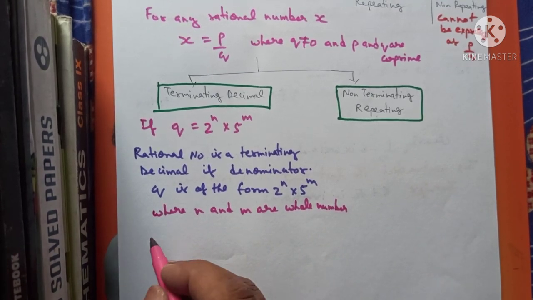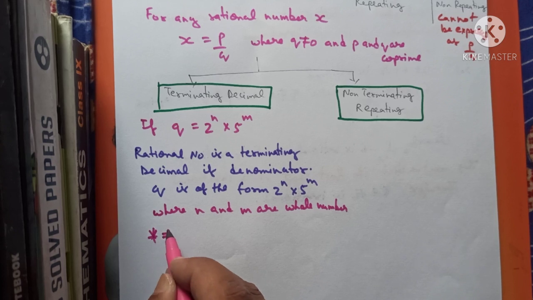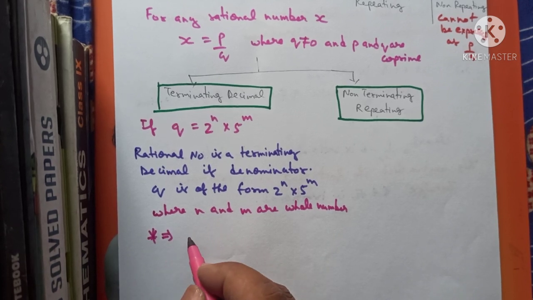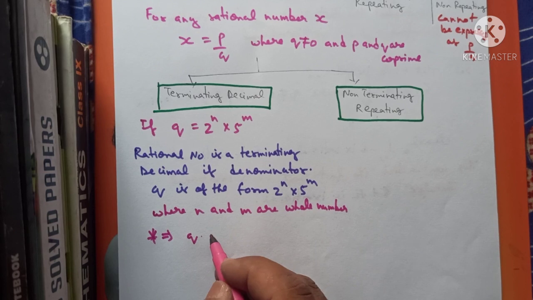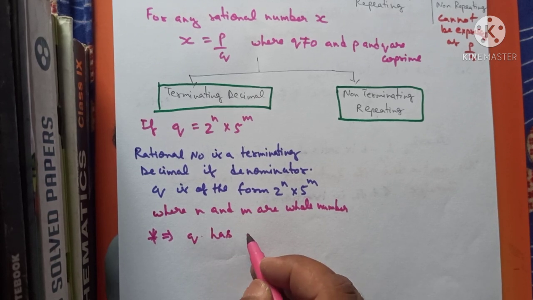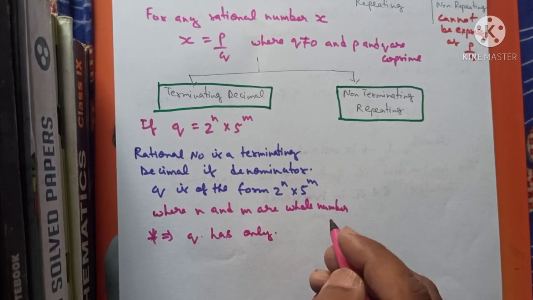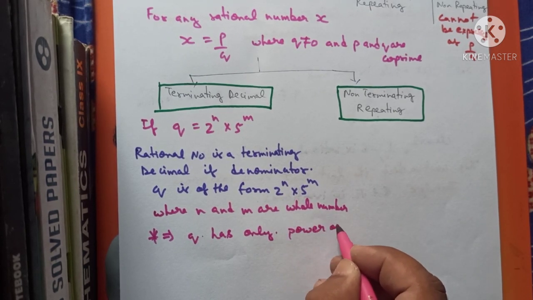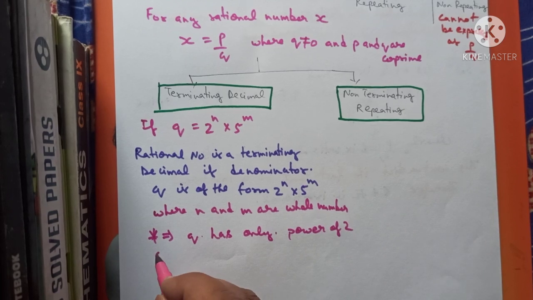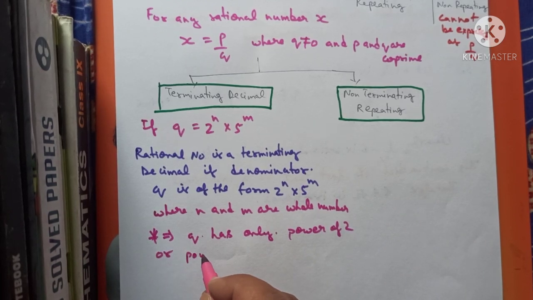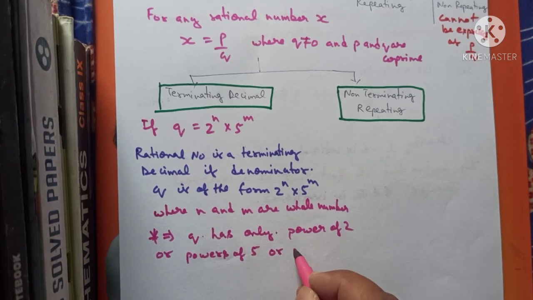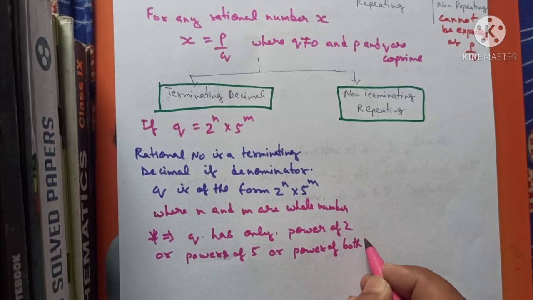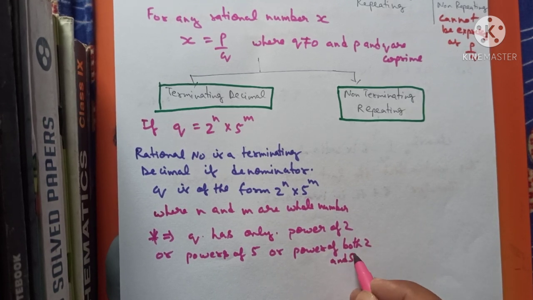What does it mean? It means, very important to note, the denominator q has only powers of 2 or powers of 5 or powers of both 2 and 5. 2 and 5 only.